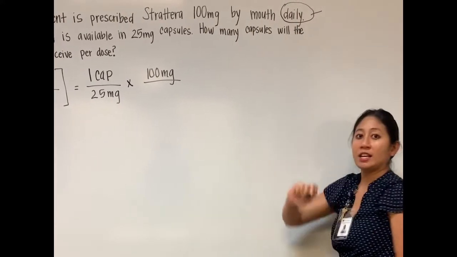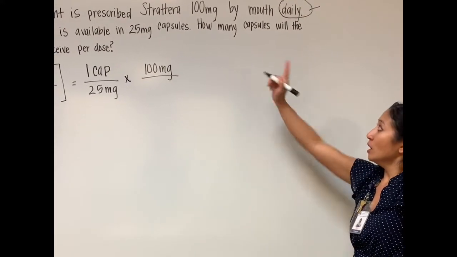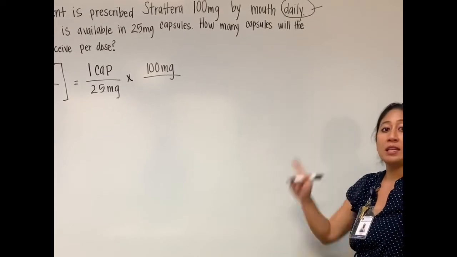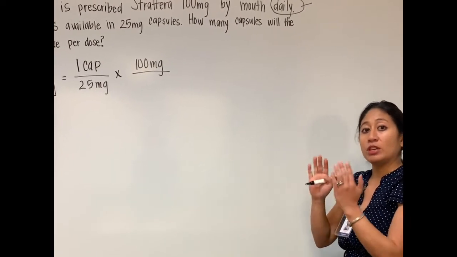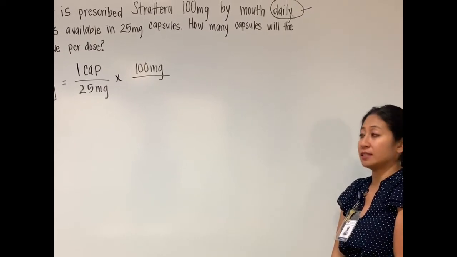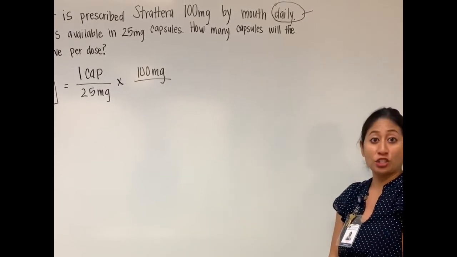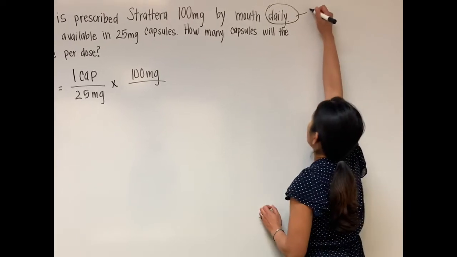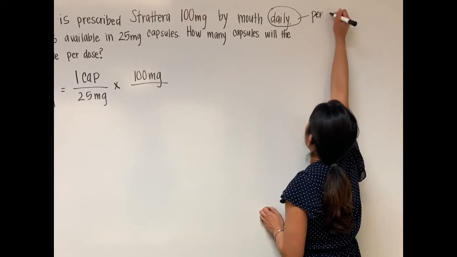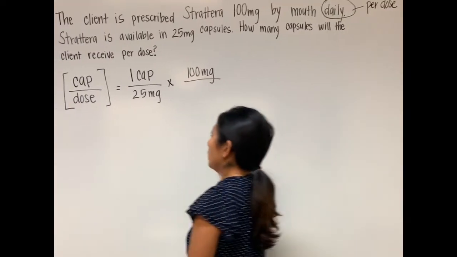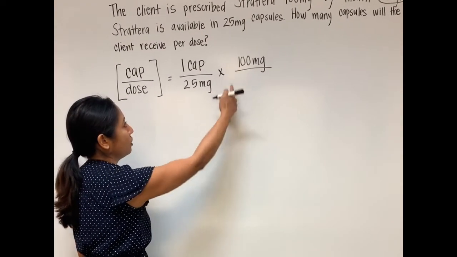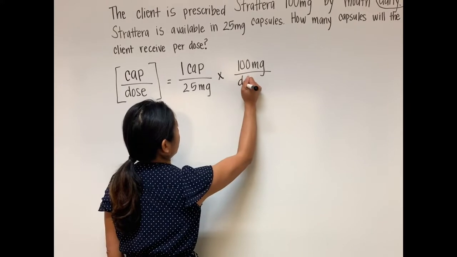All this is really telling us is that 100 milligrams is being given at equal intervals. If it's being given at equal intervals, what that really means is that it's being given as a dose. So this means per dose. So we are going back here, 100 milligrams per dose.